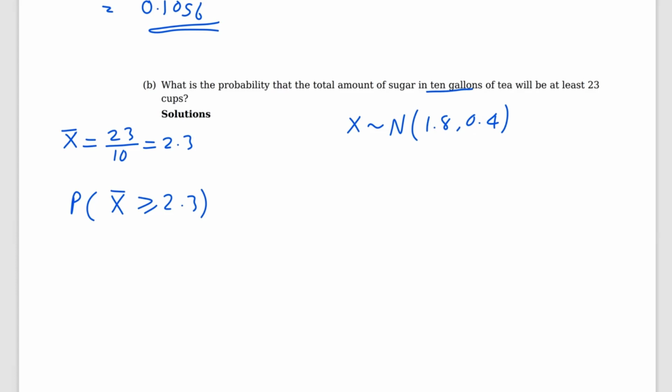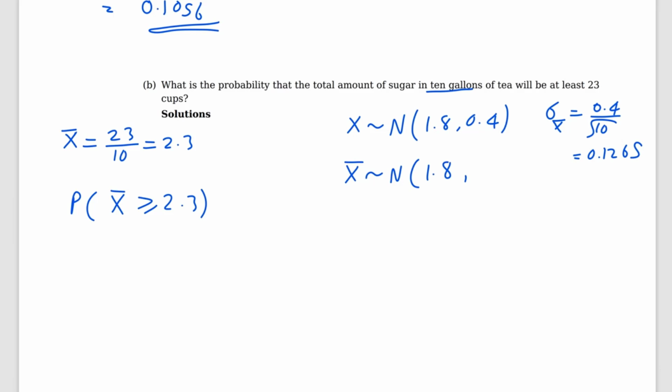So how do we find the x bar distribution? We know it is also normal and the mean is the same, but sigma x bar should be sigma divided by square root of n, 0.4 divided by square root of 10. Understood that? Sigma x bar is 0.4 divided by square root of 10. That is 0.1265.